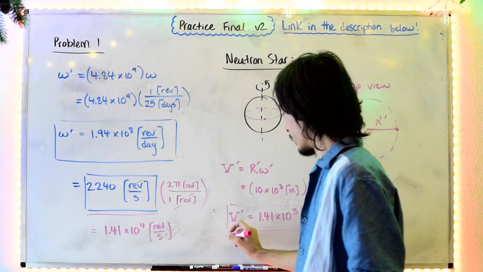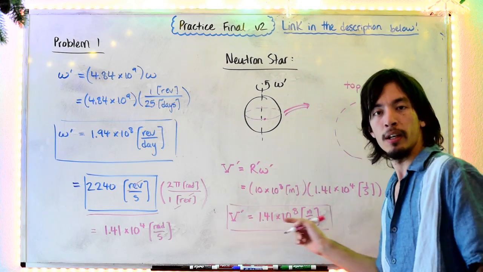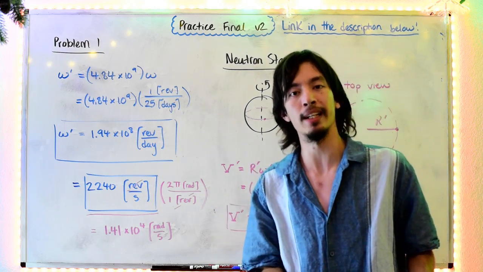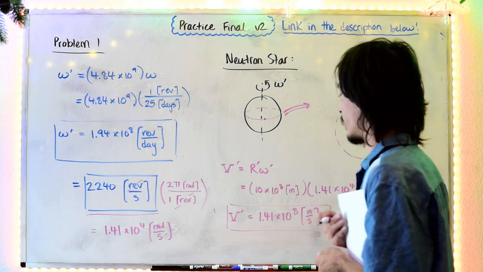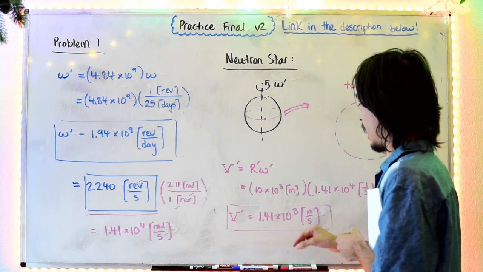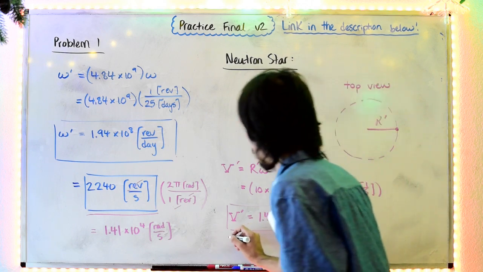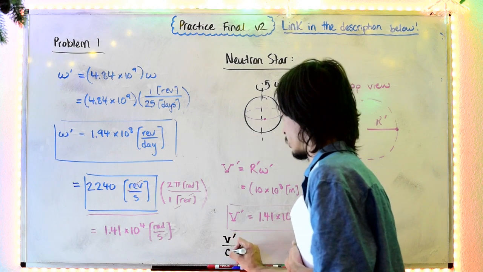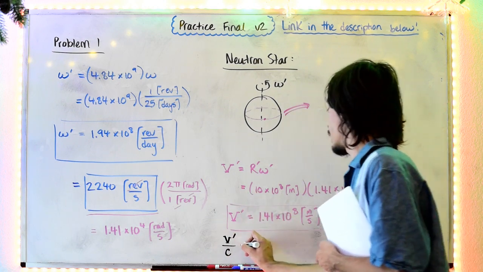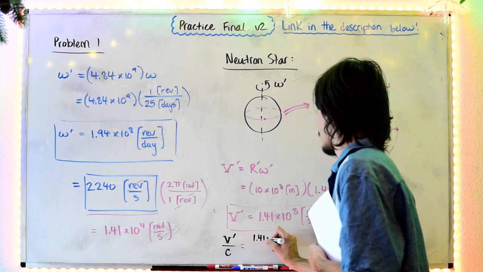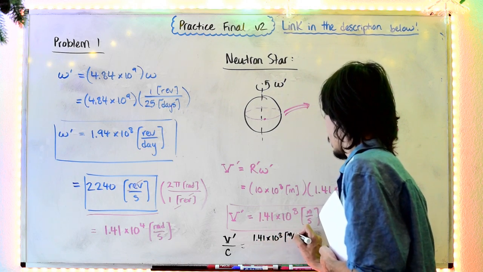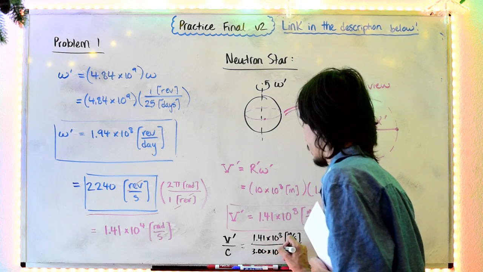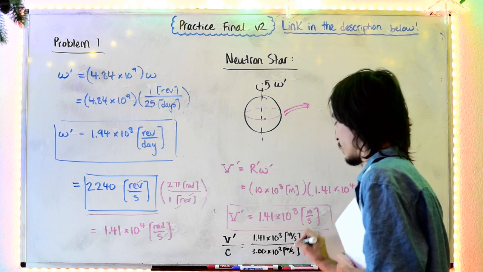And finally, once we get that linear speed, I've just asked a simple question of how much is this compared to the speed of light as a percentage. So finally, all we do here is we take this number and we divide it by the speed of light. So if we take the ratio of this speed to the speed of light, which we call c, it's 1.41 times 10 to the 8th meters per second divided by 3.00 times 10 to the 8th meters per second, given in the problem.